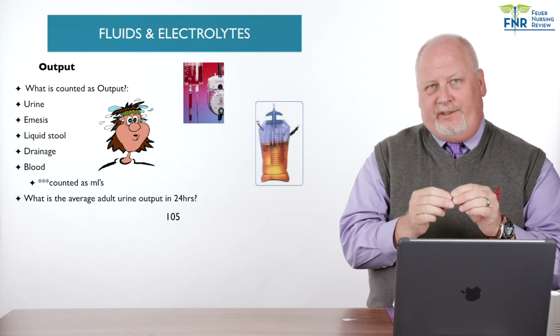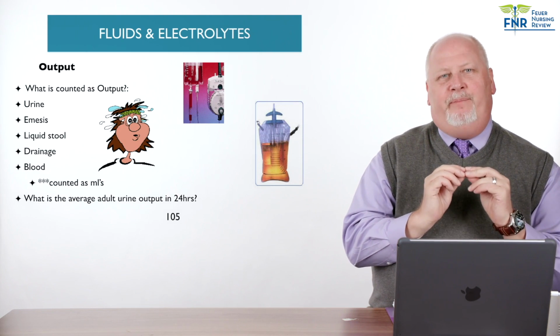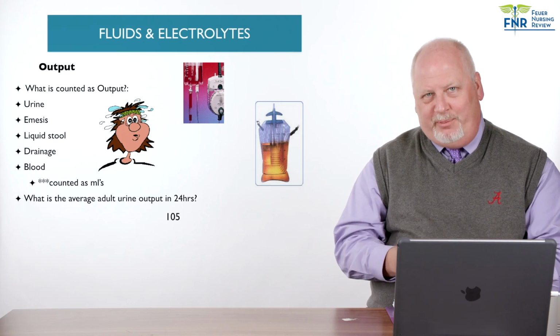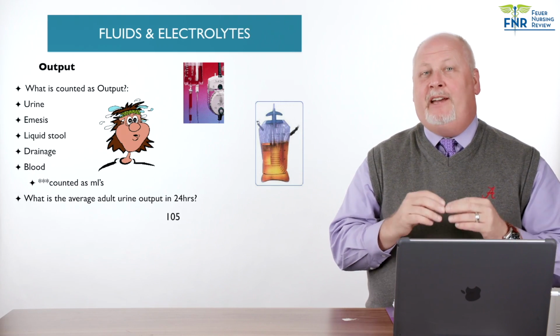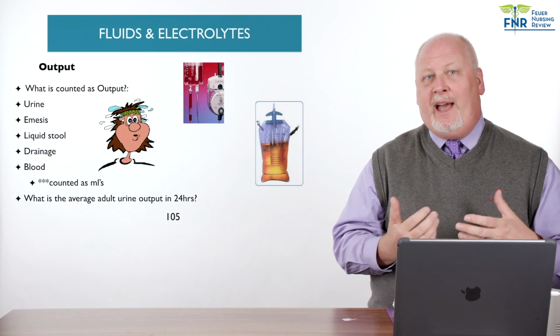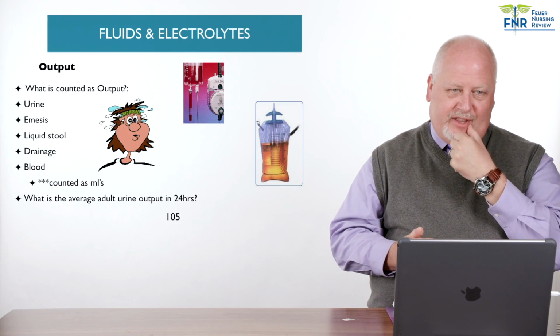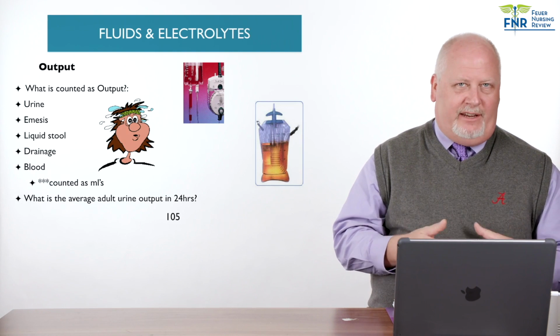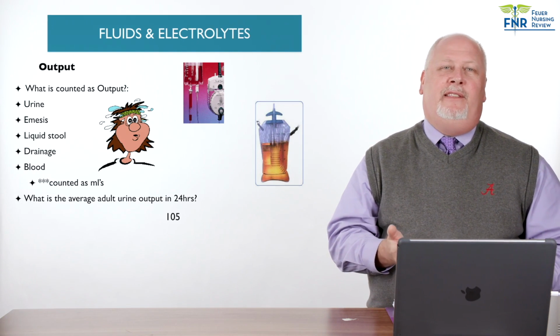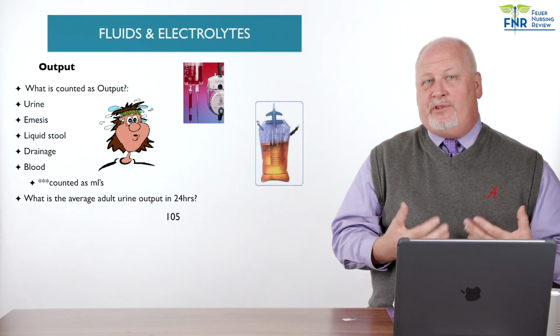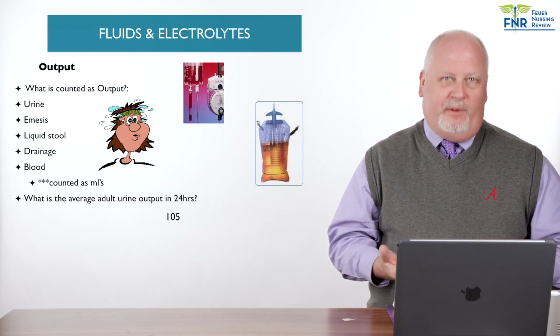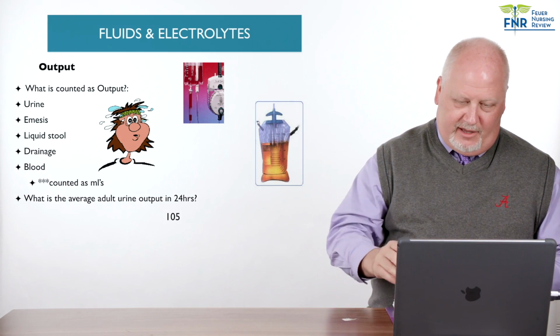What's very important to understand is the minimal amount of urine output that's acceptable, and that's 30 milliliters per hour. If you have a patient that is not urinating 30 milliliters per hour, that puts them at risk for kidney damage or renal failure, and you want to report that to the physician as soon as possible.